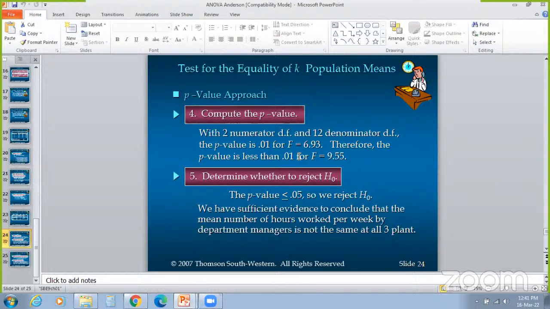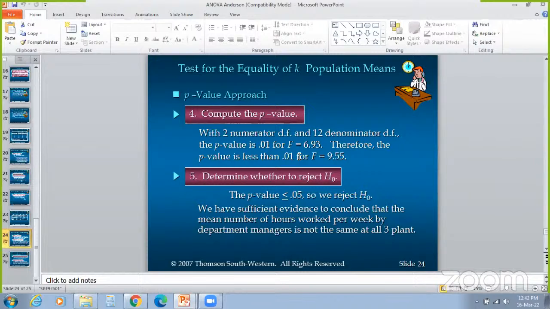So hence statisticians have proposed and extended this analysis of variance with a tool called post hoc test. In the post hoc test, we are able to compare the first plant with the second plant, the second with the third, and the third with the first. So if you want to make use of analysis of variance for your study, don't forget to use post hoc analysis.